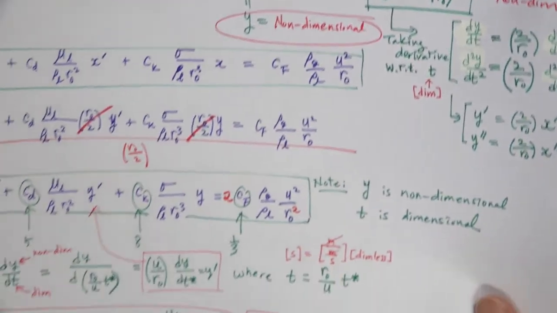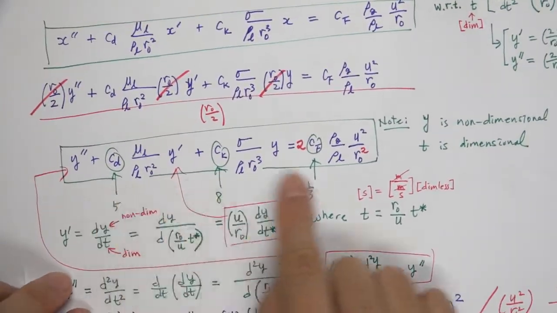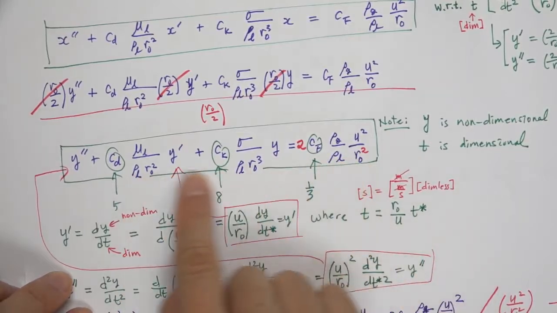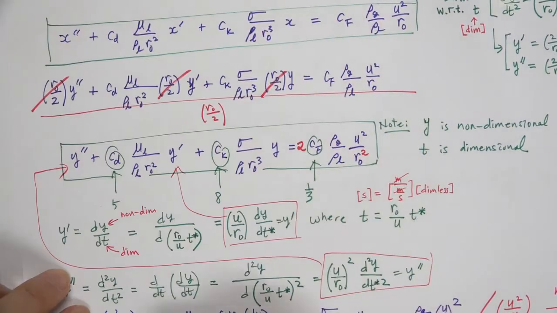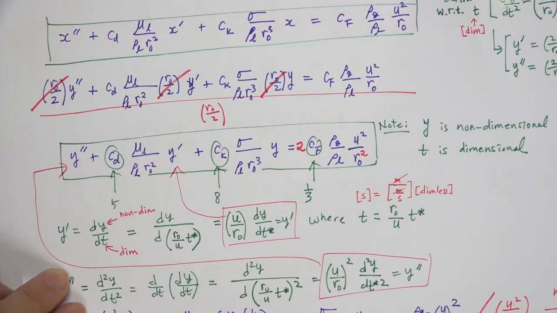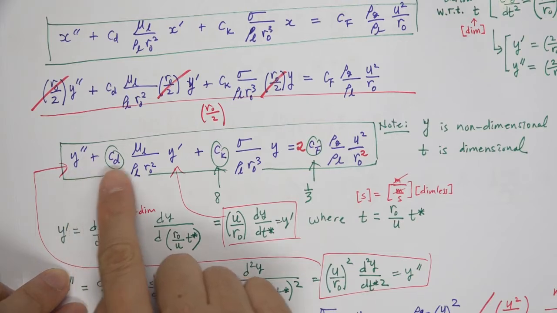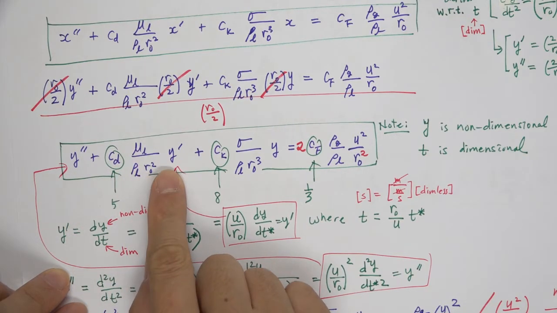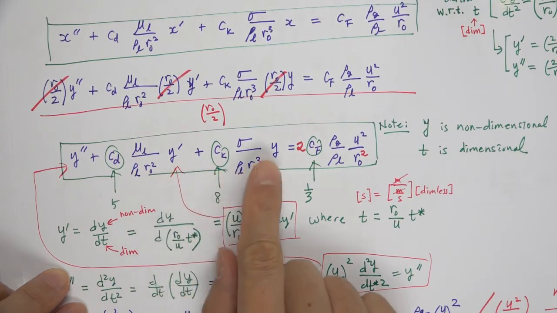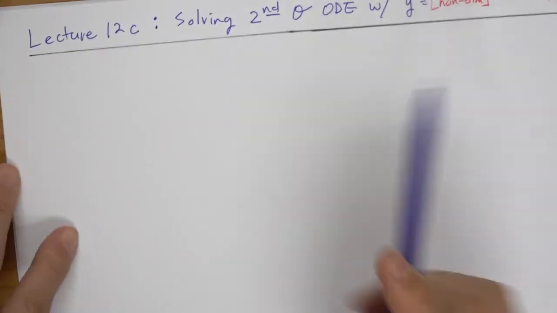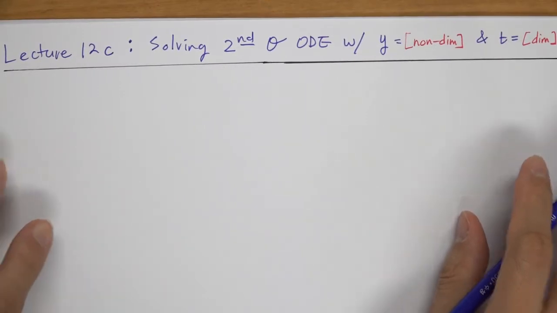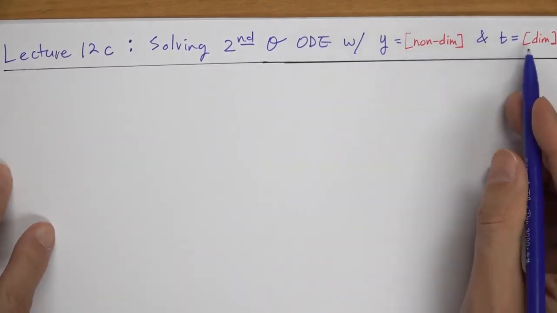This is what I'm going to go back to. So that's y prime, c is constant. That's what I'm going to do today. That's what I mean by y non-dimensional, t dimensional.